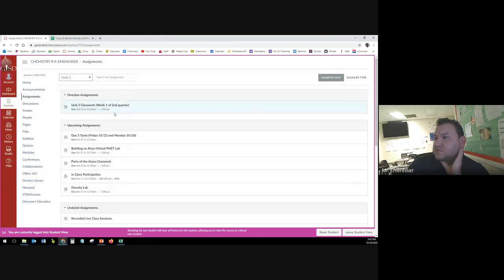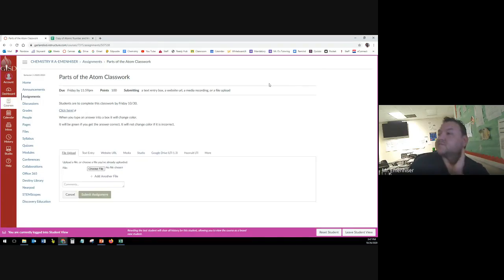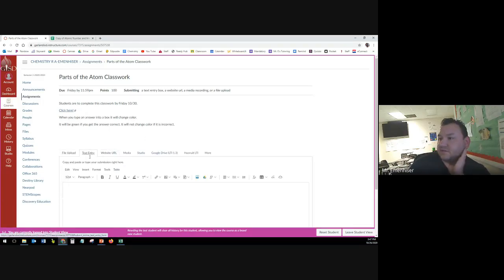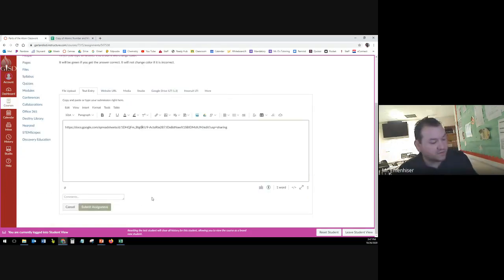Cycle 2. Here we go. Parts of the atom classwork. We go up here to click submit assignment, and in the text entry, we click copy paste, Control and V at the same time, or right click with your mouse and go to paste, and then just click submit. Okay, and you'll turn that in.